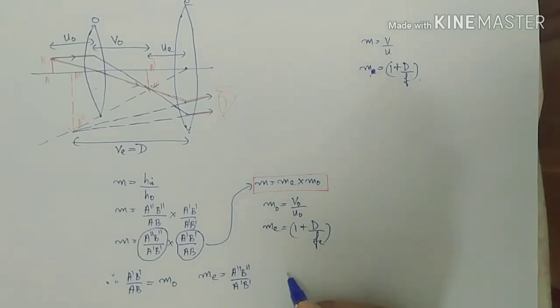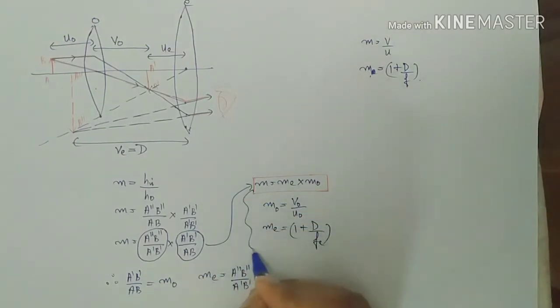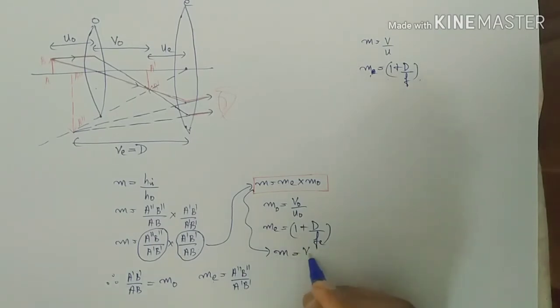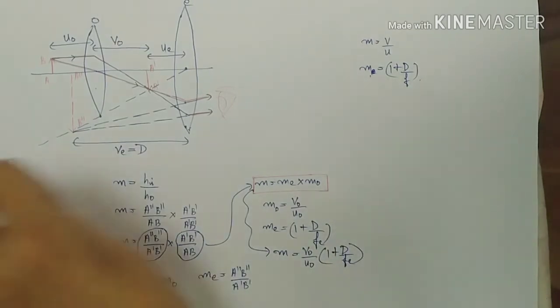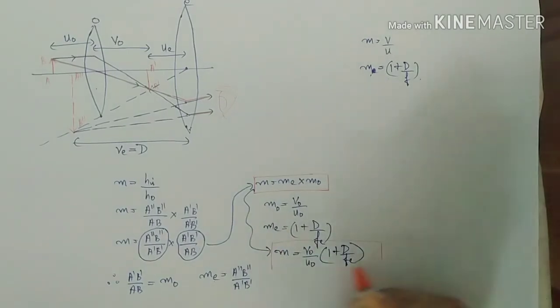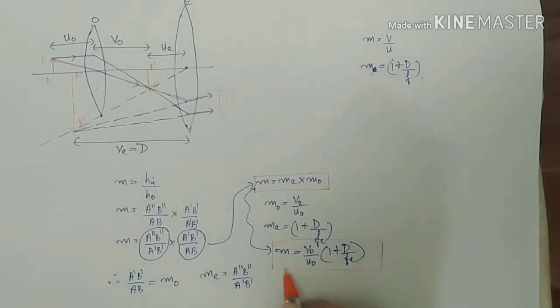This is the magnifying power of eyepiece. Therefore, we could write this effective magnifying power as M is equal to VO by UO into 1 plus D by FE. This is the magnifying power of a compound microscope.